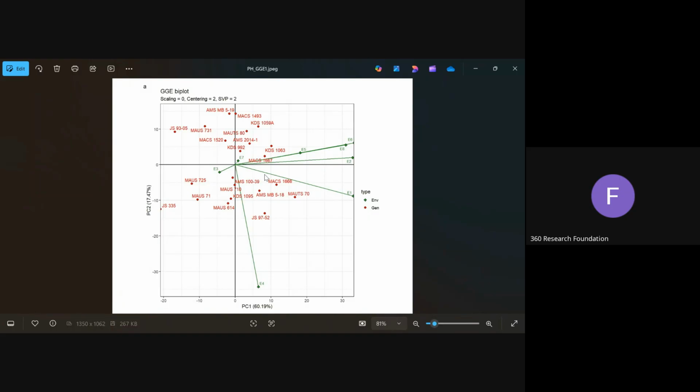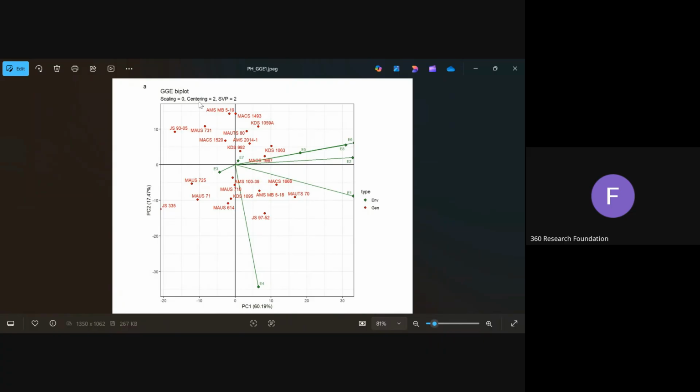As far as the genotypes are concerned, here you can see this AMS MB 5-19, simultaneously this 9305 and this 731. They are farthest from the origin.